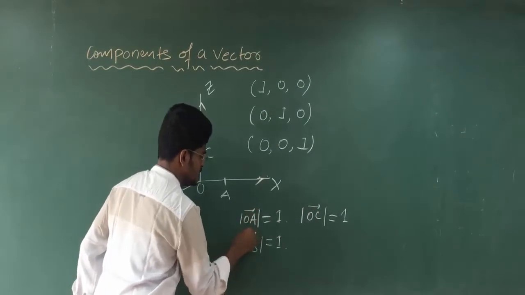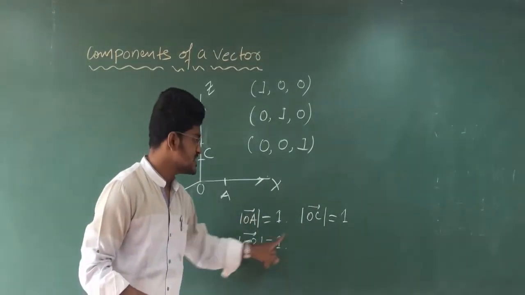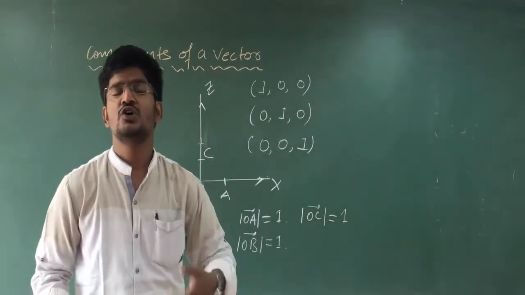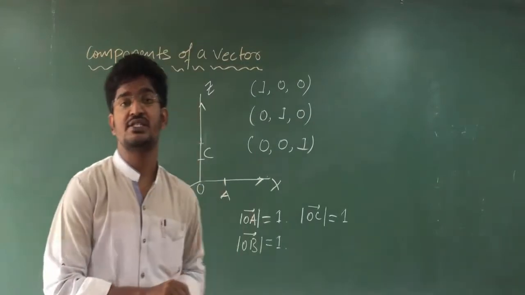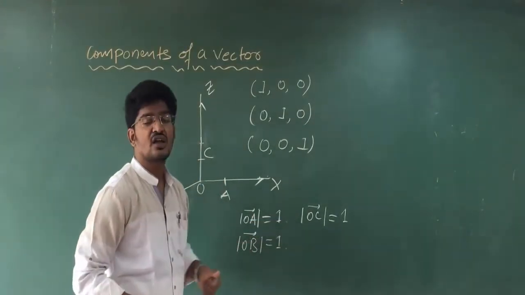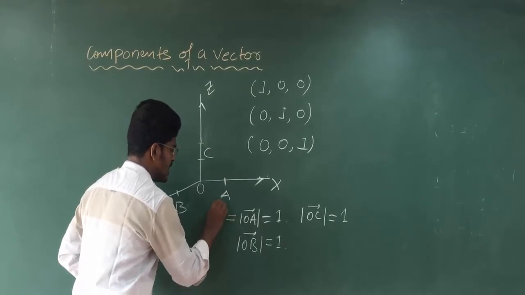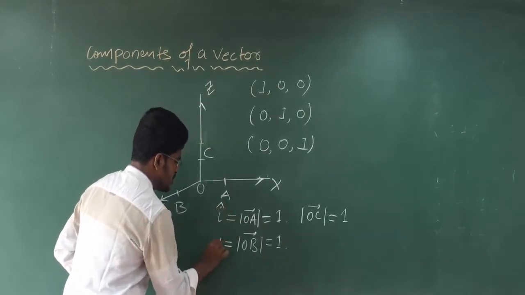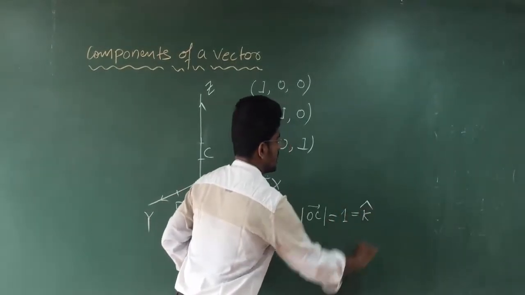Are you clear? So now this is on the x-axis, this is on the y-axis and this is on the z-axis. If we want to represent a vector in three-dimensional space, these three things are very important, because this is called I cap, this is called J cap, and this is called K cap.